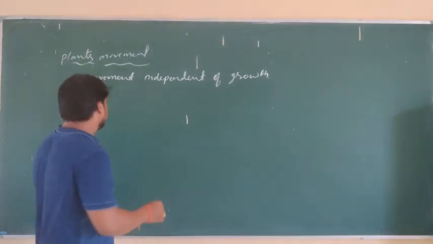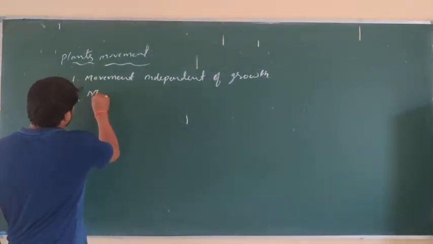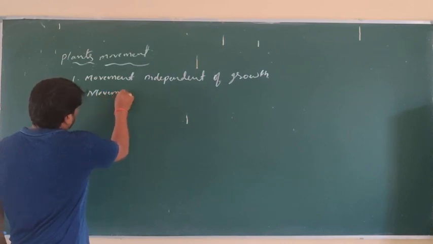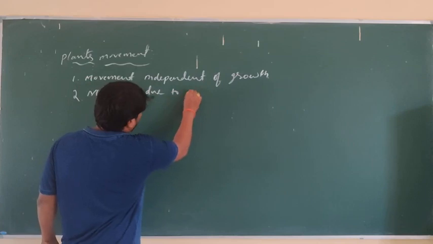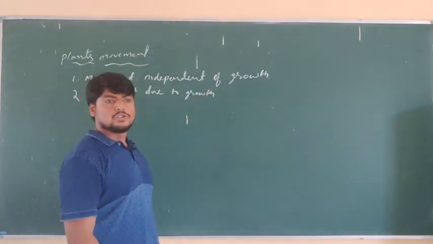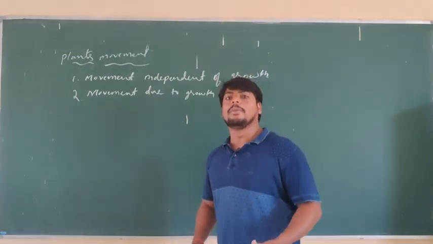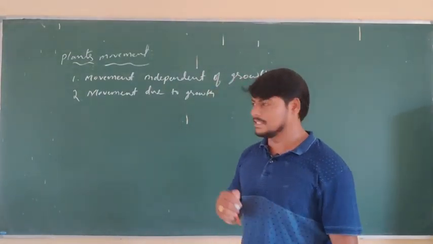Movement independent of growth, and another mode of movement is movement due to growth. So these are the two ways of movement shown by plants towards a stimulus.